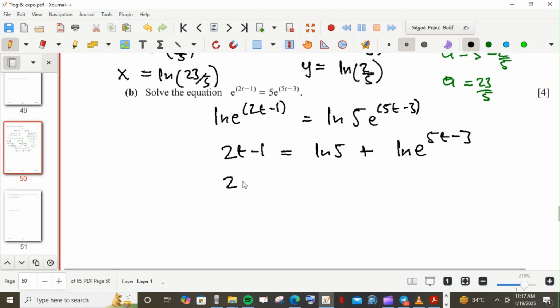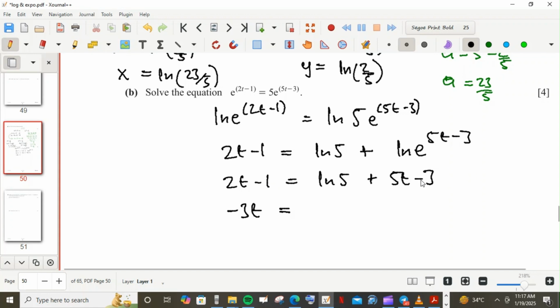And this is the same as, the power will come down here. So it's the same as 5t minus 3. So I try to make t the subject. So when the 5 comes here, I'm going to get negative 3t. Negative 1 comes here, becomes plus 1.